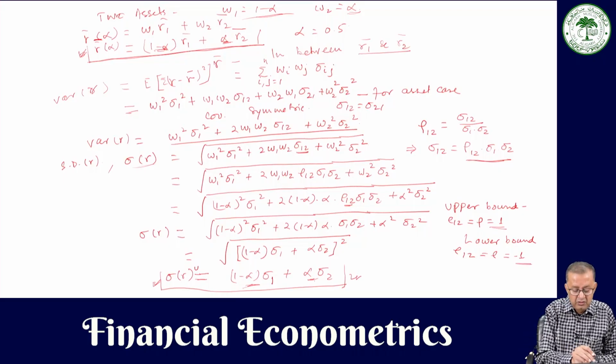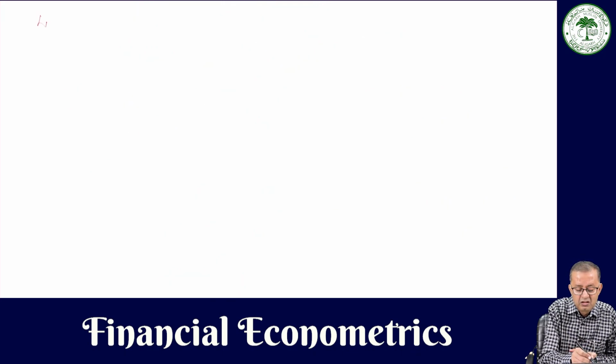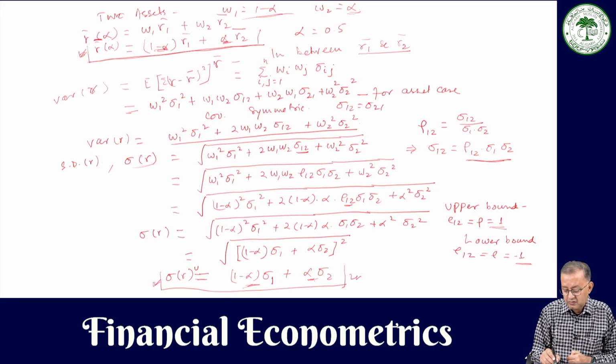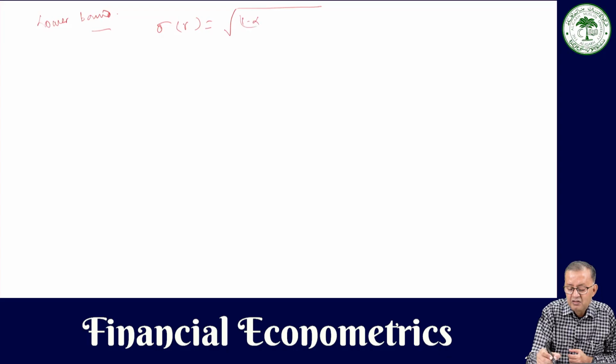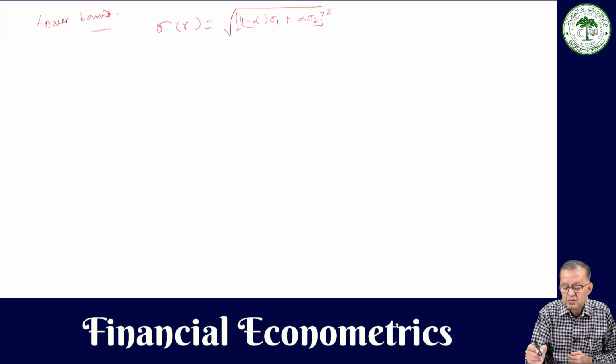If we talk about the lower bound, so sigma R is equal to under root (1 minus alpha) sigma 1 minus alpha sigma 2, whole square, if rho 1 2 is equal to rho, which is equal to minus 1.